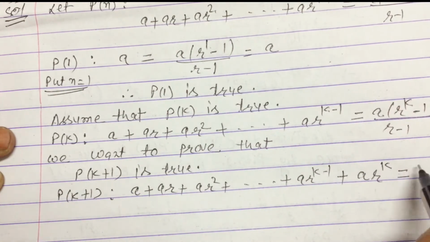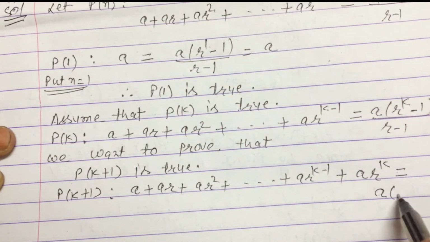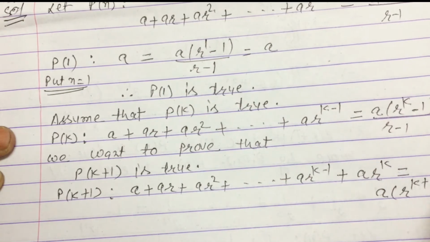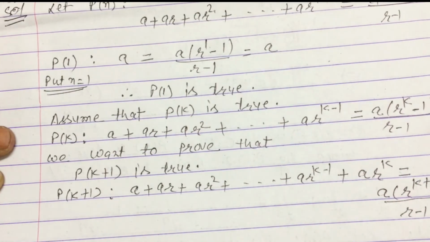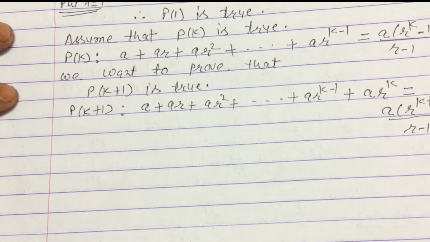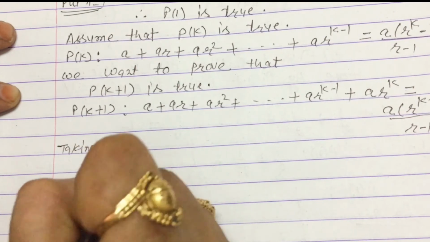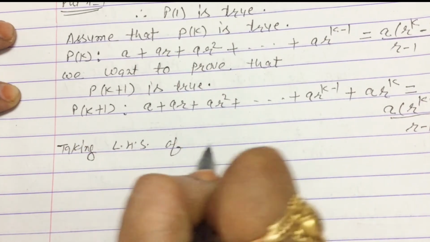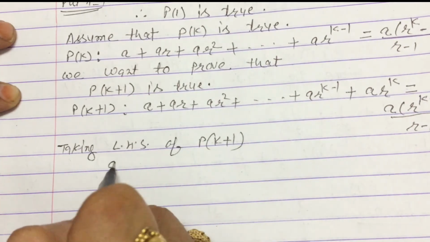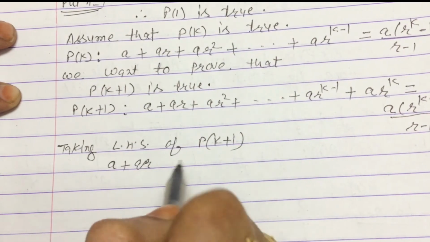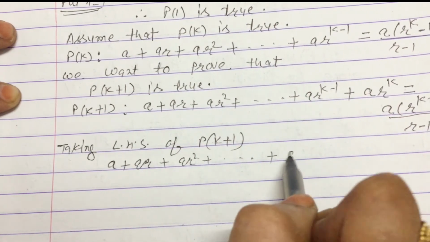And here on the right hand side it is A times R raised k plus 1 minus 1, over R minus 1. And now take the LHS of Pk plus 1. It is A R. I am writing all the steps, students, so that you can learn.